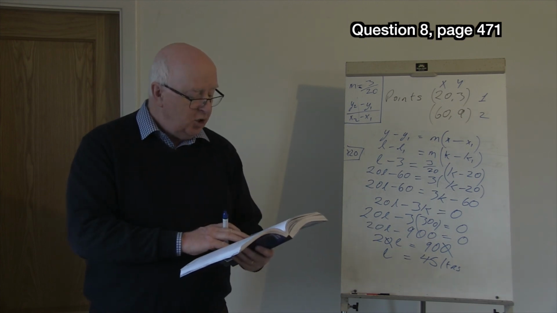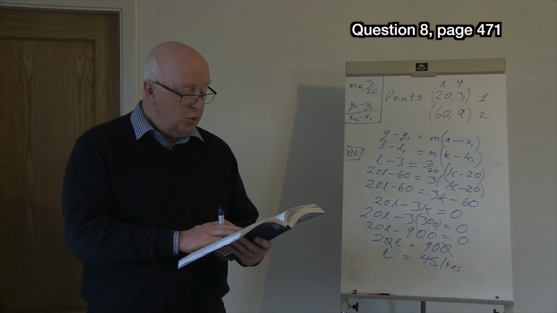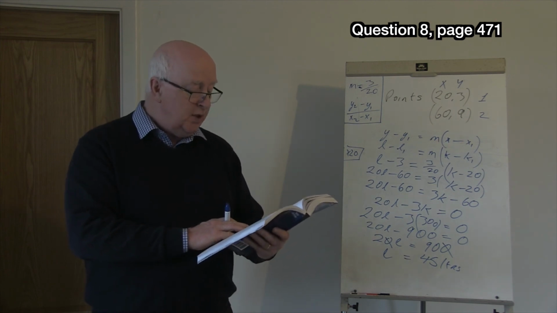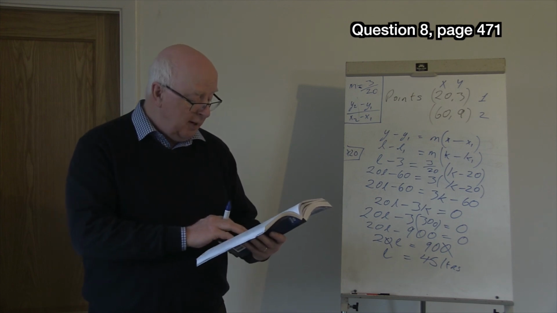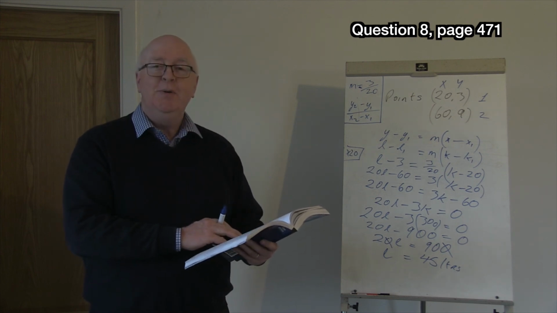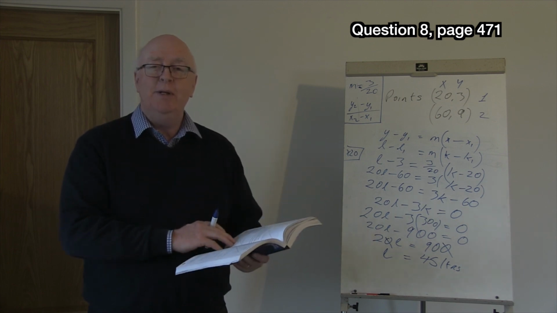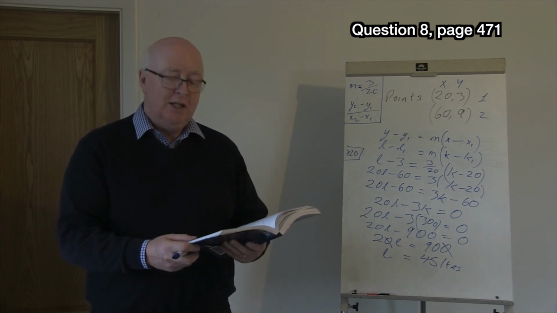Question 5, challenging. Question 6 is true and false. And question 7, which is the final one you have to do, is quite easy as well, just interpreting what's there. So, I wish you the best, and you should have no problem marching through these few questions.